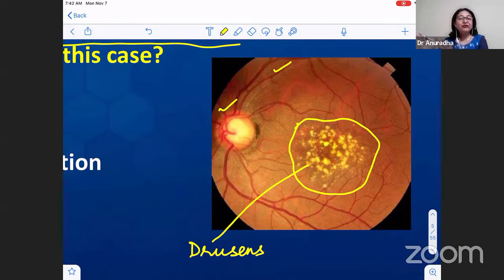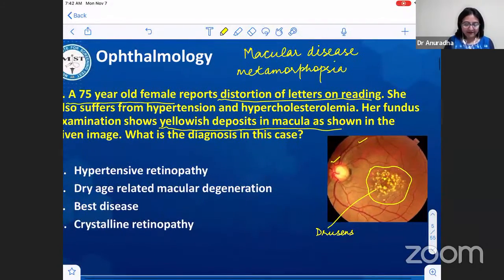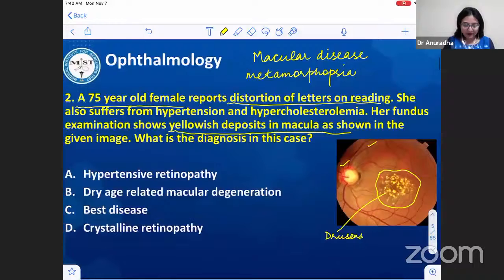That is how you will differentiate them from hard exudates, because hard exudates are present with retinal vascular diseases. So if it's only yellowish deposits in the macula and everything else appears normal, it means these are drusen.